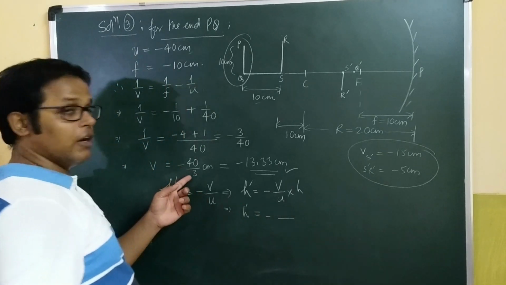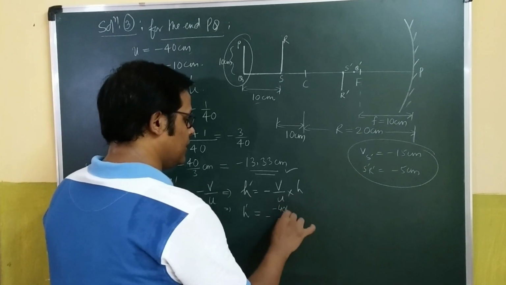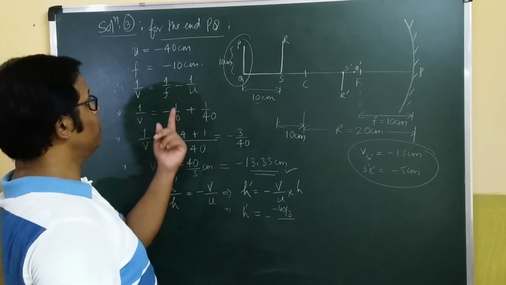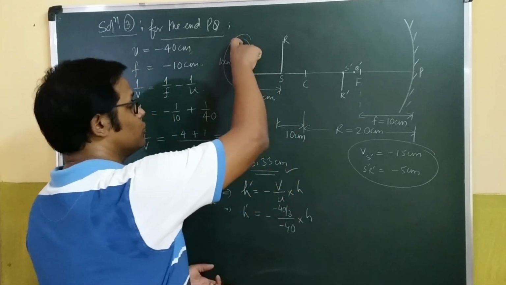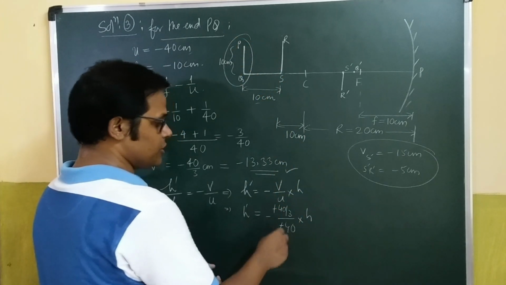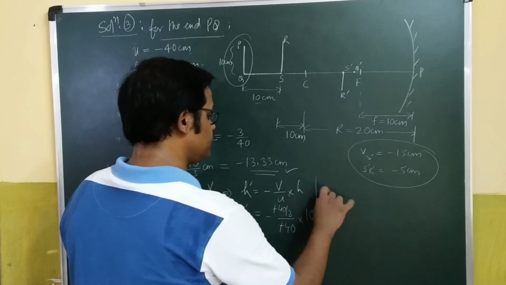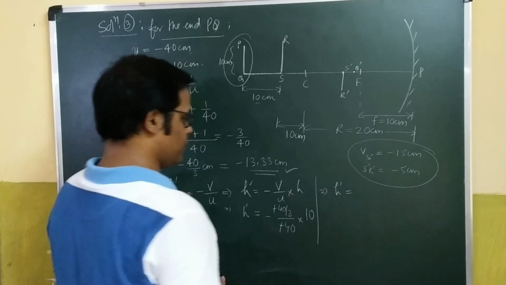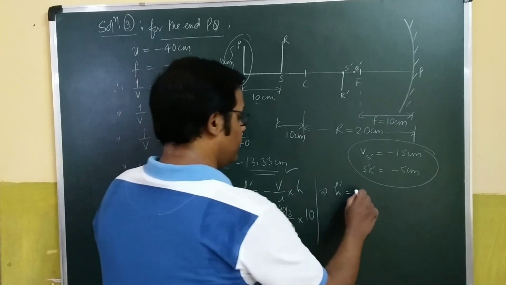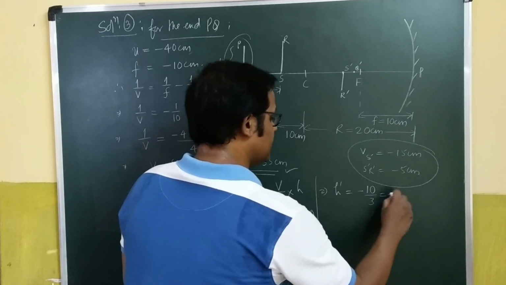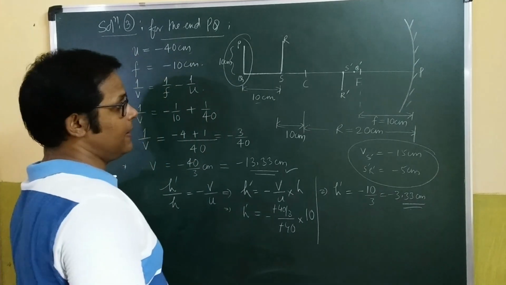Minus V, I'd love to take the fraction, not the decimal, minus 40 by 3. U, the object distance, is minus 40. The height of that end is also 10 centimeters. So I lose this minus sign. H dash equals 40 by 3, 40 gets cancelled, and we end up getting minus 10 by 3, that is around minus 3.33 centimeters. Is that clear? Alright.